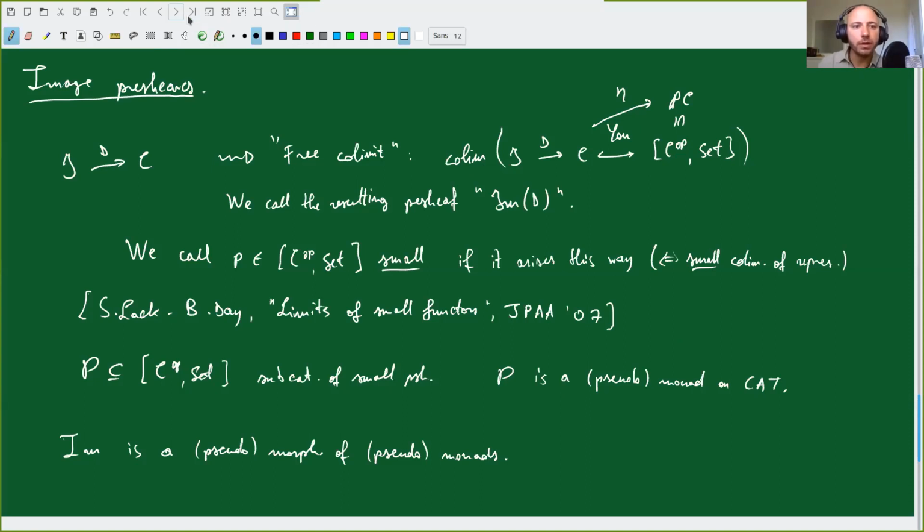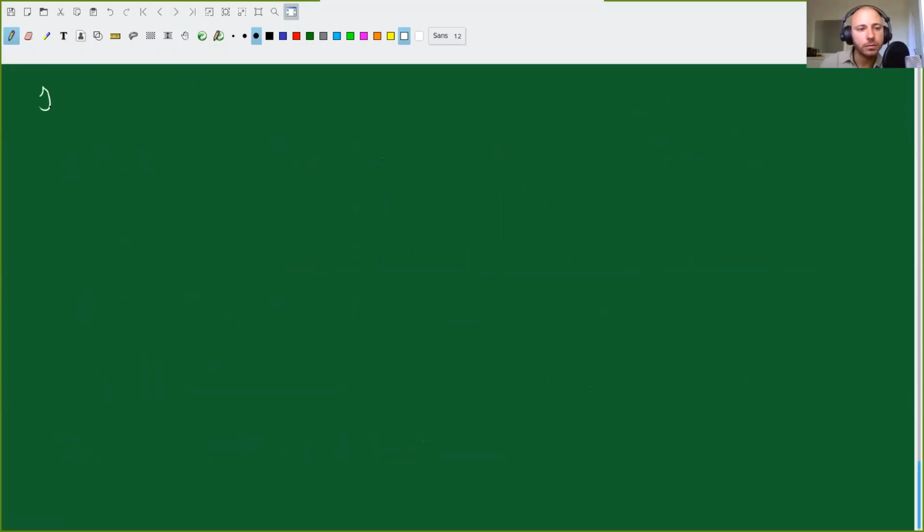But in particular, you know that if you have a morphism of monads, then you get a pullback morphism between the algebras, sometimes called the restriction of scalars.